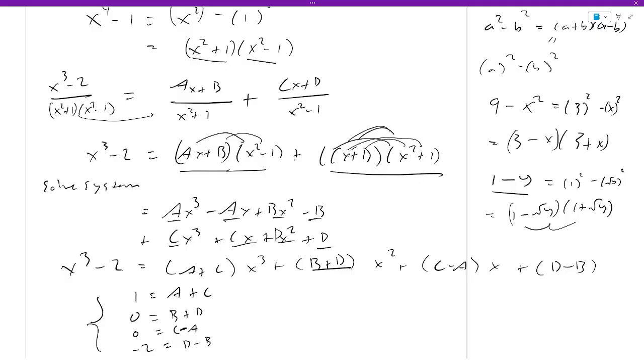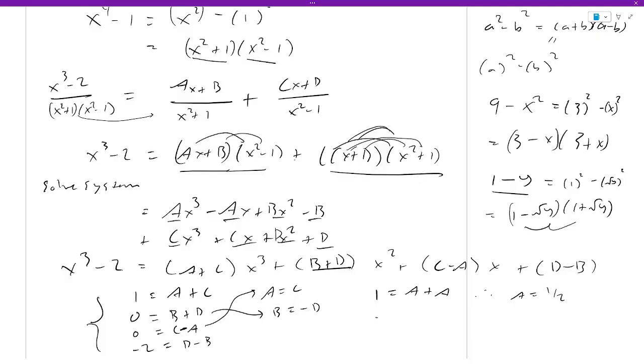And we just have to rearrange this now. I would probably take this one to get a equals c, and this one to get b equals minus d. And now I can plug those into the other two equations. So maybe if we use the first one, 1 equals a plus a, because a is c. So a has to be 1/2.